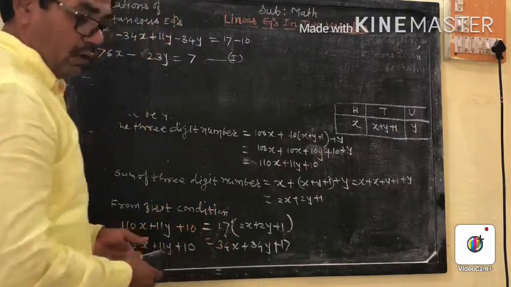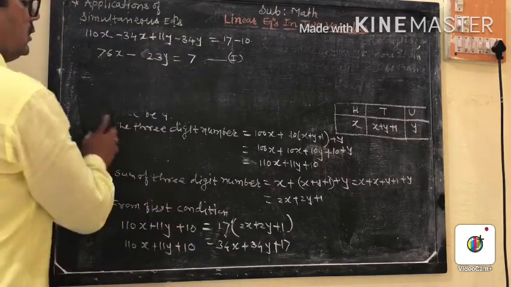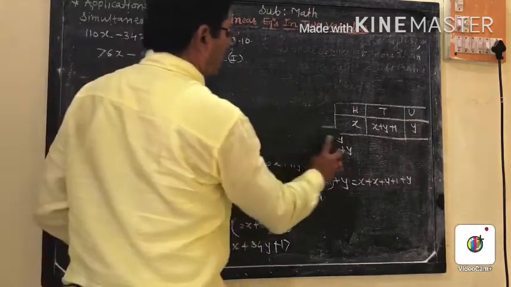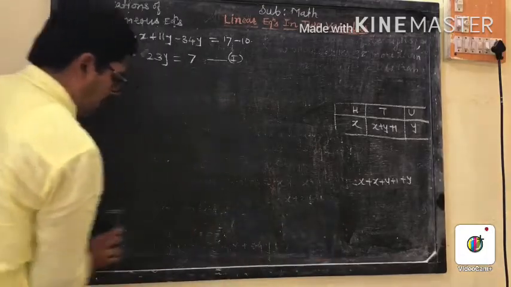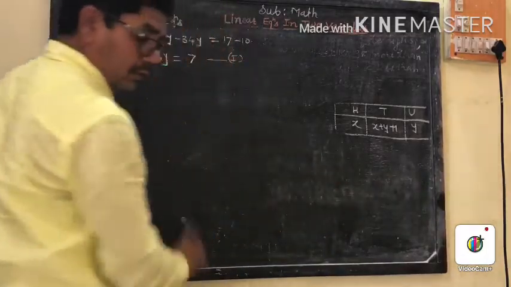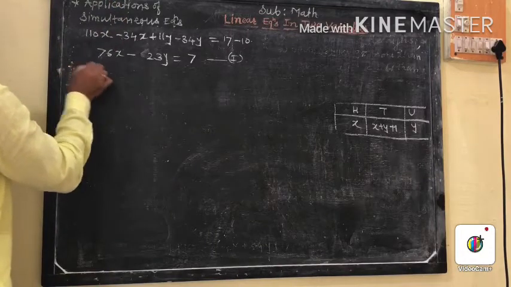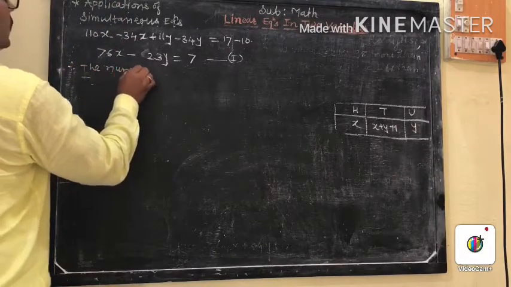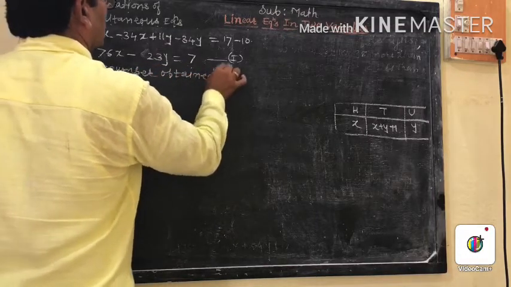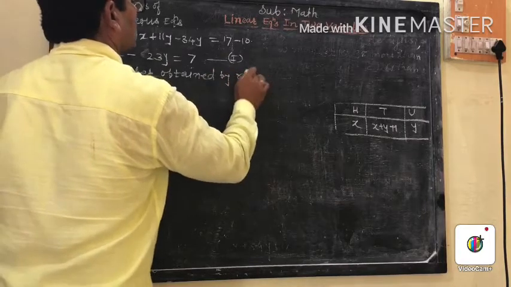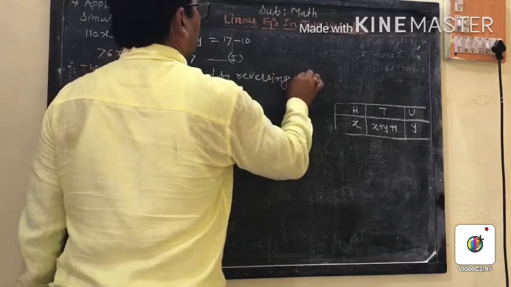Means first we have to find the number obtained by reversing the digits of the original number.